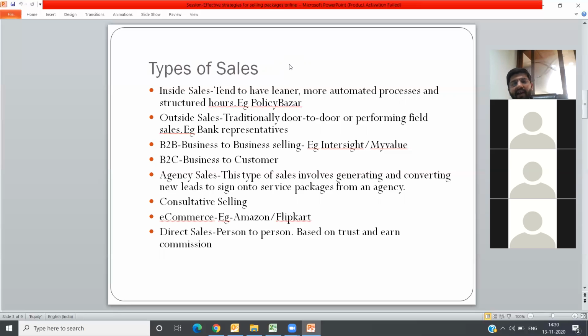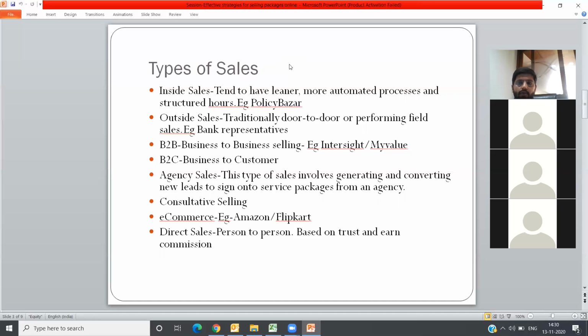Another one is consultative selling. This is a very niche sector. For this sector, a person should have very dedicated knowledge of the products, and they have to go deep into it.